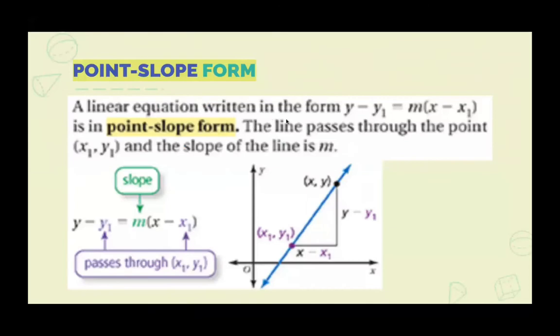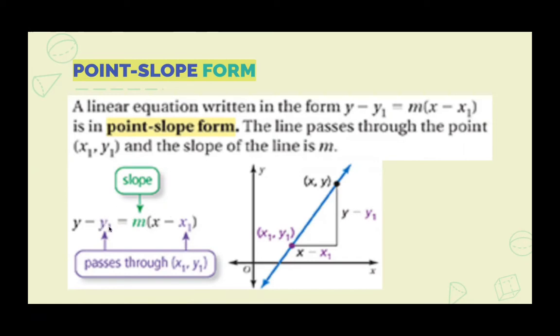So a linear equation written in the form y minus y1 equals m times x minus x1 is in point-slope form. The line will pass through the point x1, y1, and the slope of the line will be m. So if we look at our equation right here, we have it color-coded.